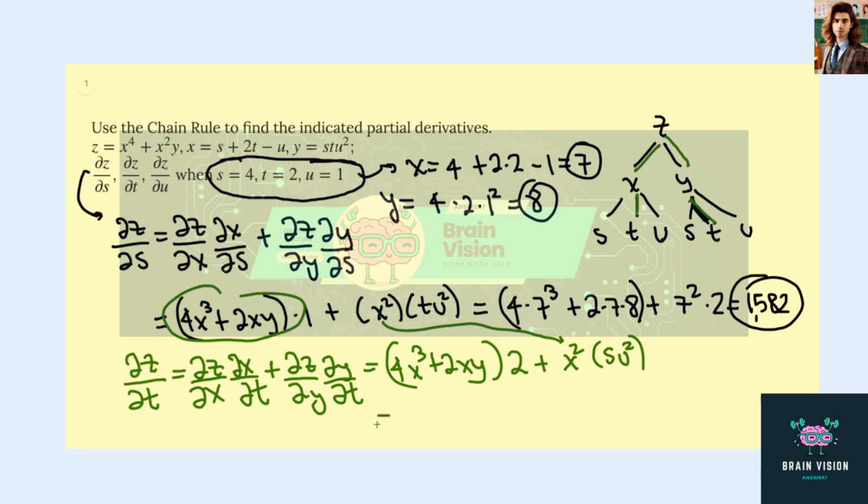So we should be plugging in, and then let's go to the side and go to the calculator and plug this in. So I'm going to type that in right now. And I'm getting 1792.